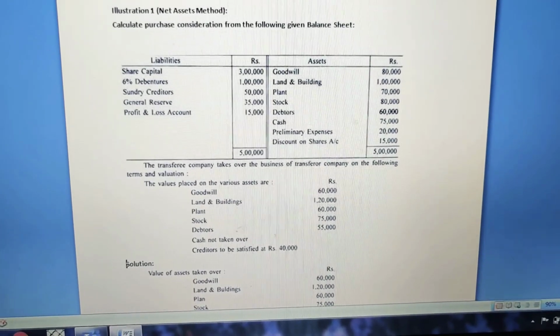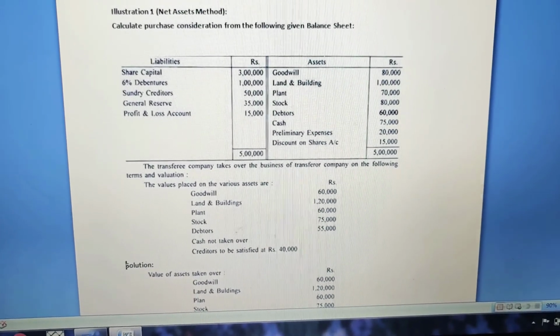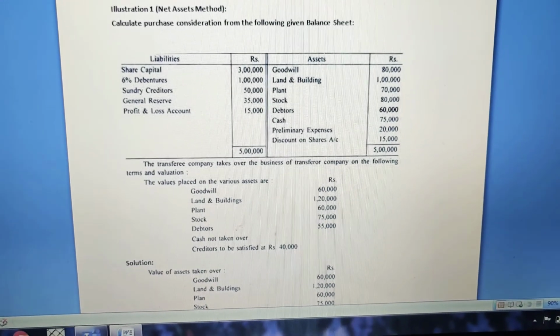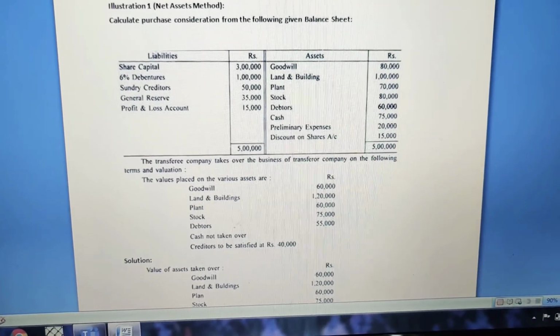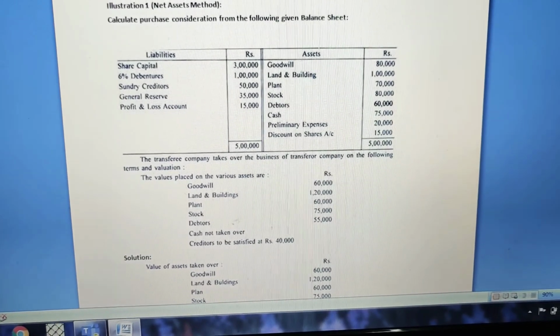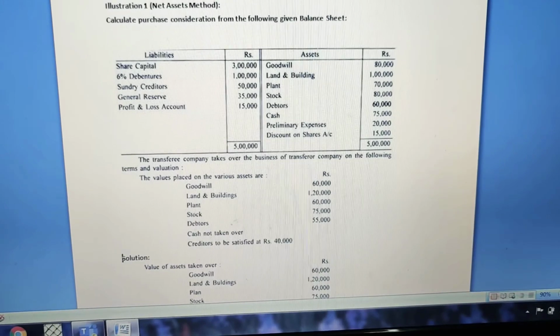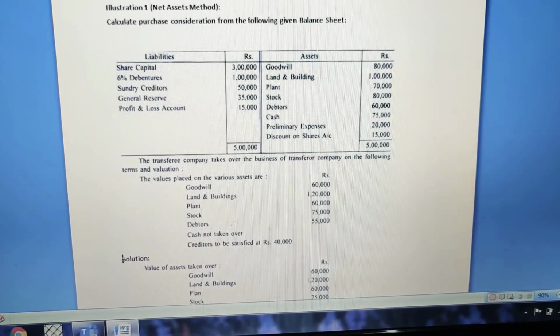As you can see, on the asset side, preliminary expenses and discount on shares are fictitious assets, so these will not be transferred when the transferor company transfers its business to the transferee company.